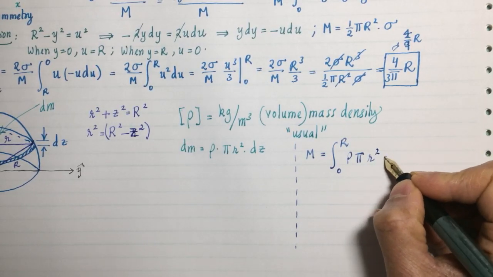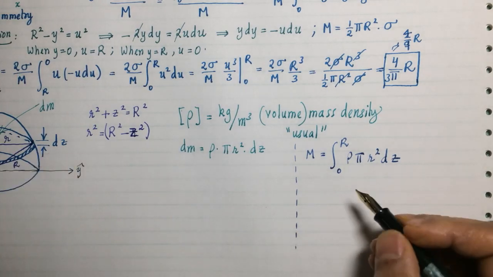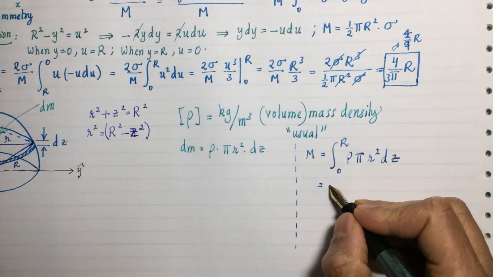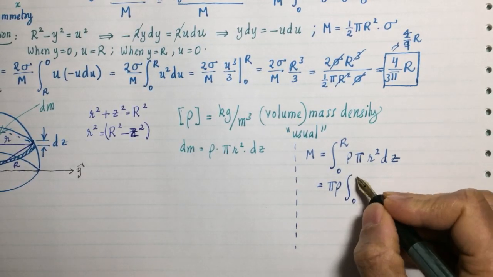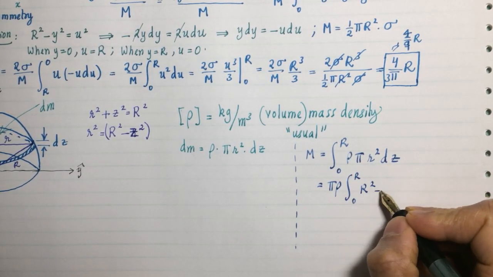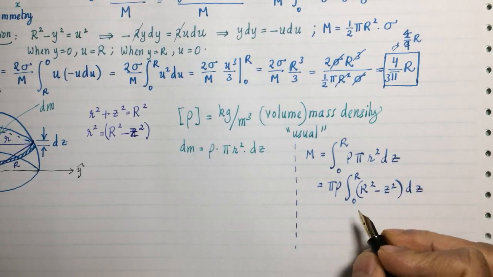Well, for r squared, I can substitute from here. I can take pi and rho outside because they're simply constants. 0 to capital R, capital R squared minus z squared, because that's what little r squared is, times dz.